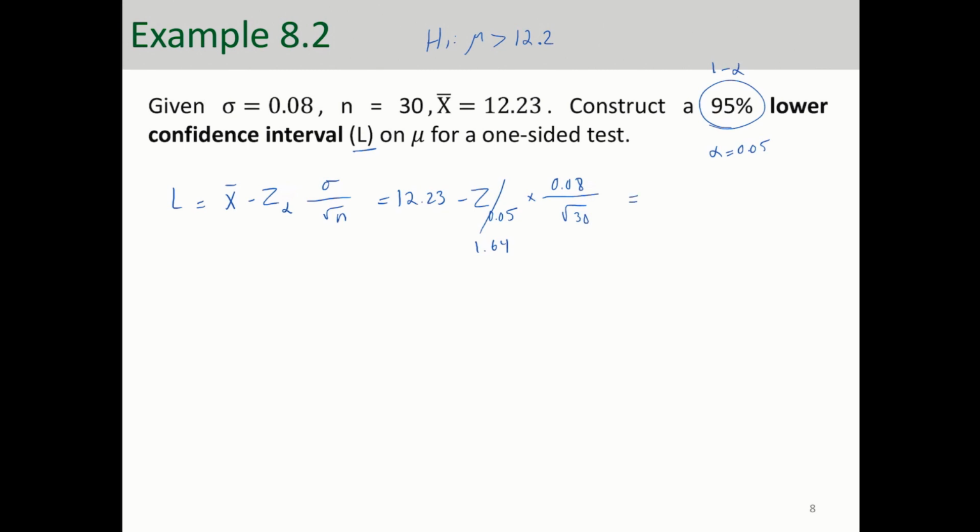If I replace everything with numbers and do the math, I will get 12.2. So the 95% confidence interval is telling me that it starts at 12.2, and I don't have the upper confidence limit. I'm only calculating this for a one-sided test. This 95% confidence limit starts at 12.2.